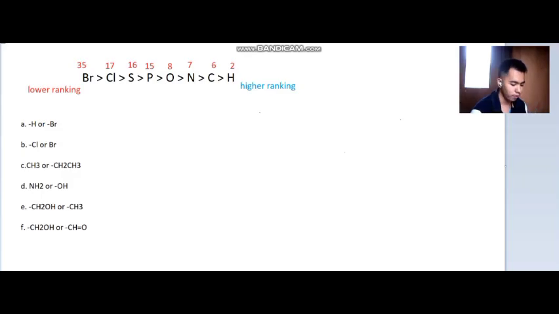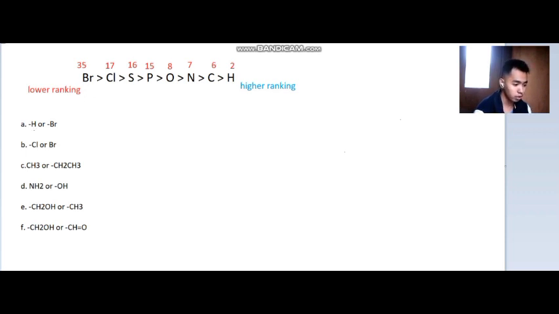In our lesson 7 learning activity, which is this one, in number 1 we are tasked to assign which member in each of the following sets ranks higher. So basically, we're going to rank these sets.